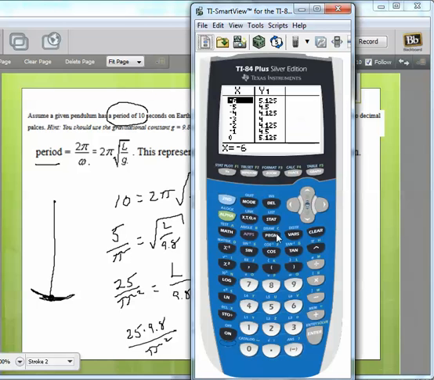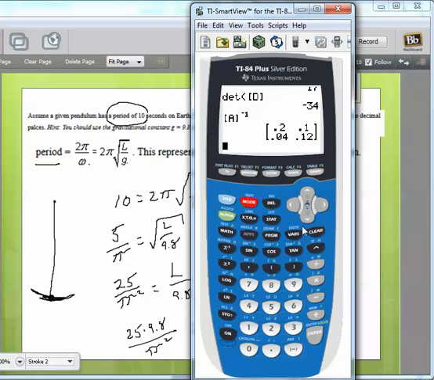So here's a calculator. I'm going to clear my screen here. Good. So I'm going to say 25 times 9.8 divided by, and I'm going to use the exact value for pi as my calculator can go, pi squared. And I'm going to get 24.82.